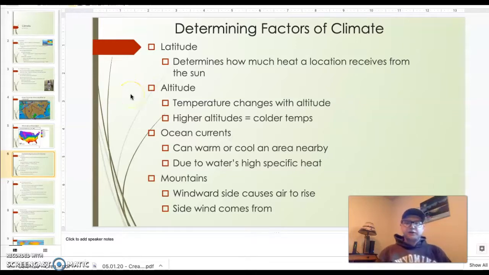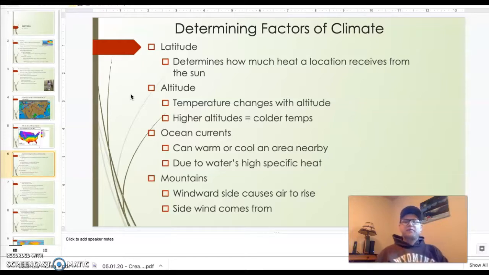Another thing that can determine your climate is the altitude. As you get higher up in altitude, your temperatures get colder. If you've ever been out west and you've been up in the mountains, you know that if you start the day at the bottom of the mountain, usually in the middle of summer, it's going to be fairly warm.